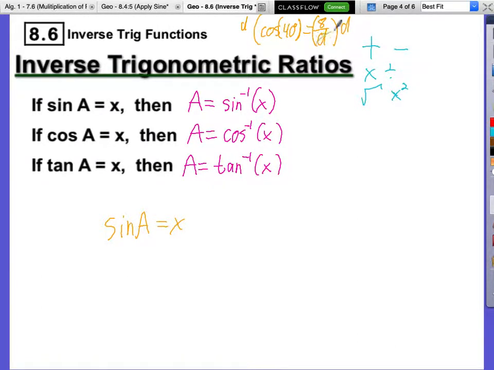We did something to both sides to undo that. We did the inverse operation to both sides. So here, the inverse operation of sine is inverse sine. So we'll take the inverse sine of both sides.